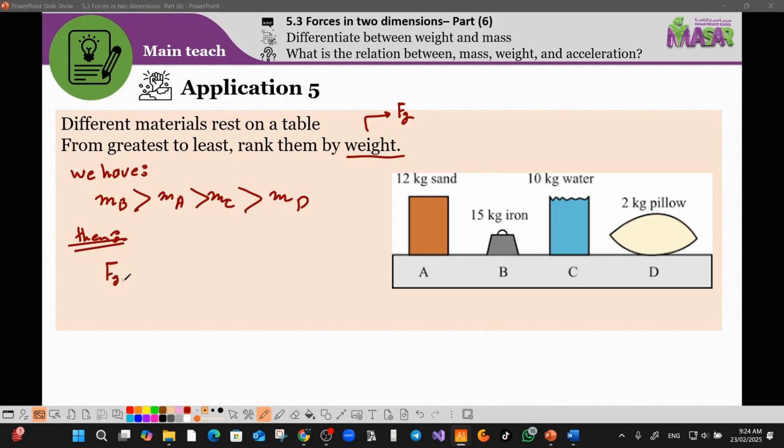The force of gravity at B, because it's massive, will be the highest among these objects. Then the force of gravity acting on A, then on C, and finally the force of gravity that the object D experiences is the lowest.